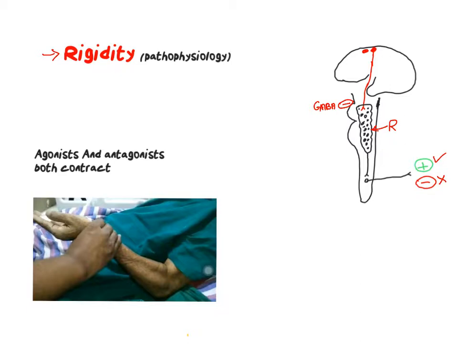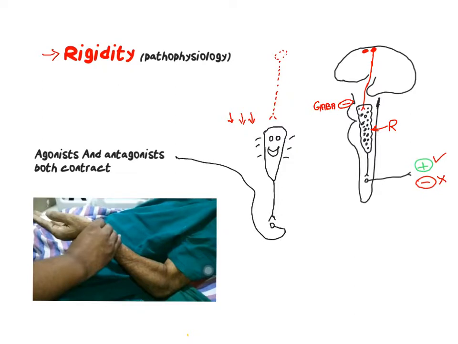But when these neurons in the cortex degenerate, there is a drop in GABA release. Okay, when there's a drop in GABA release, the reticular system is released from inhibition, and it becomes excited and fires abnormally to the spinal cord neurons, and the spinal cord neurons lead to stimulation of agonist and antagonist.